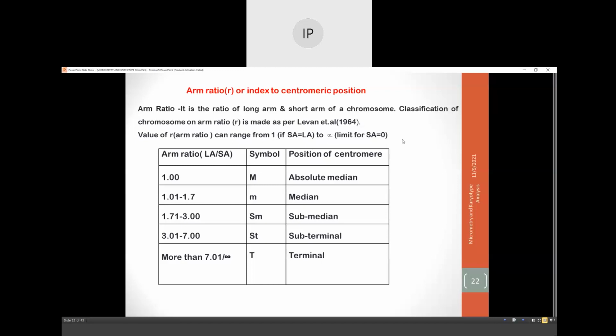Limit for short arm is 0. You can see in this table, for absolute median it is 1, for median 1.01 to 1.7, for submedian 1.71 to 3, and from 3.01 to 7 it is subterminal, and more than 7.01 to infinity it is terminal.